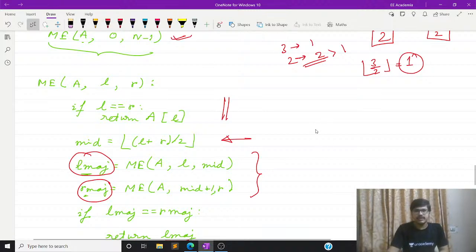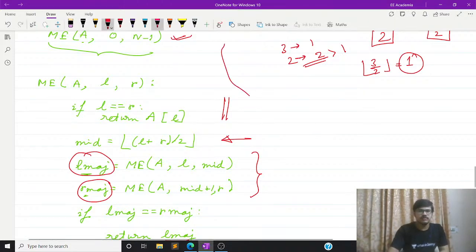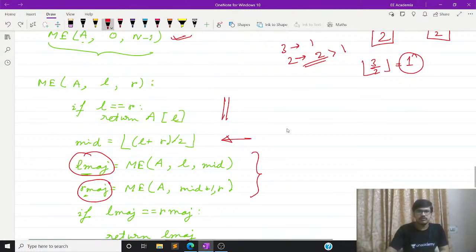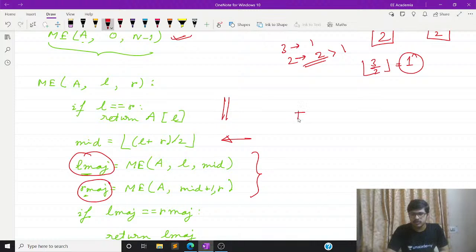So let's see what will be the time complexity for this. What will be the time complexity? We are given a problem of size n, right?